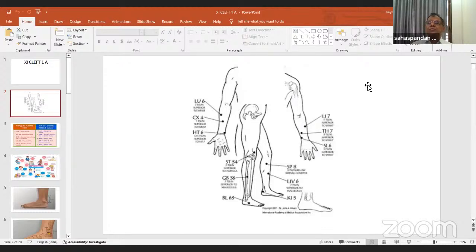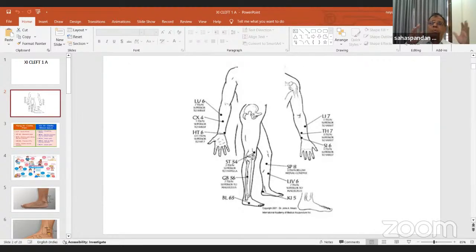Okay, thank you. There are 12 meridians in our body, and in the 12 meridians, there is one Xi-Cleft point in each meridian. In the upper extremities, there are two polarities, one is the yin and one is the yang.